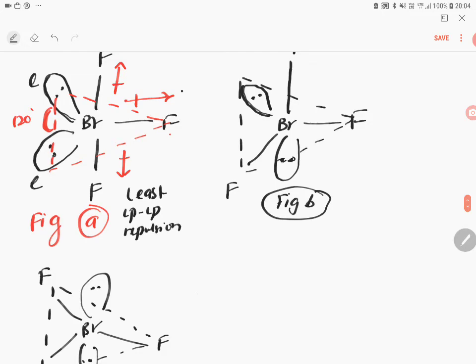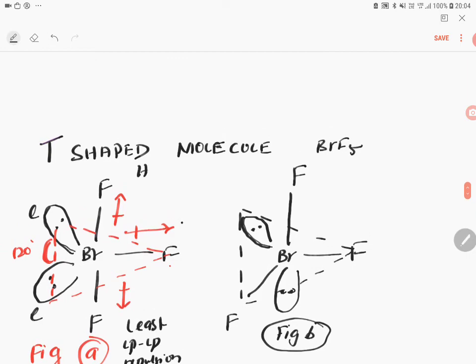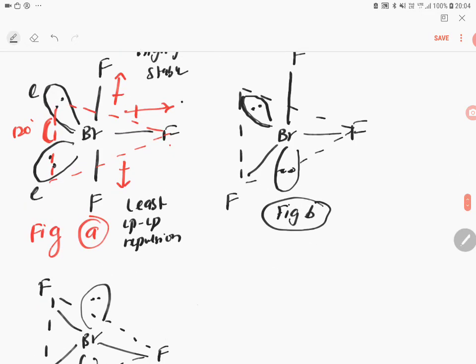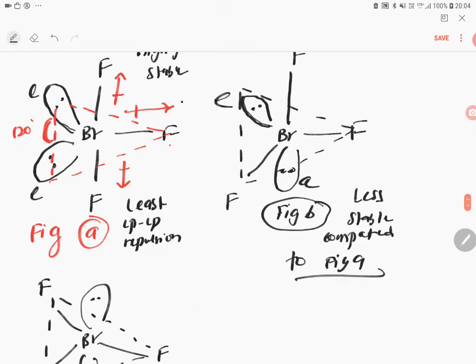Therefore, this type of arrangement is highly stable. Coming to figure B, lone pair 1 is in the equatorial and the other is in the axial. Therefore, this is less stable compared to figure A, because the axial position is an unstable position, understand that.